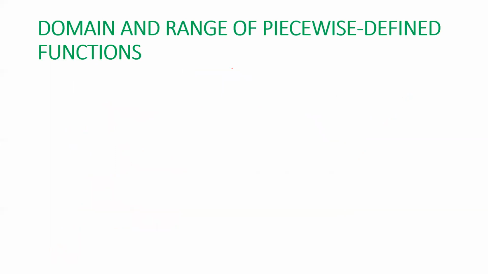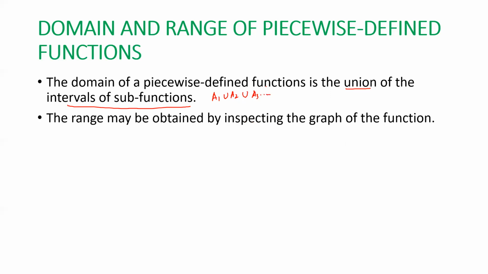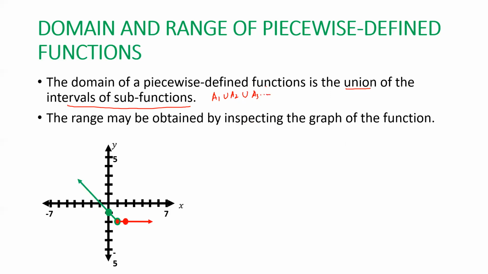Okay, now for the domain and range of a piecewise defined function, it's best to inspect the graph. But for the domain of a piecewise defined function, it's just the union of the intervals of the subfunctions. So we just get the union of A1, A2, A3, and so on. And then the range will be obtained by inspecting the graph.